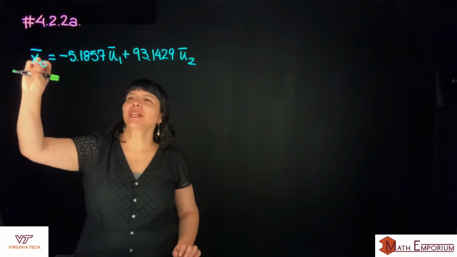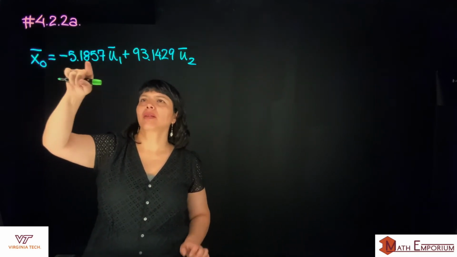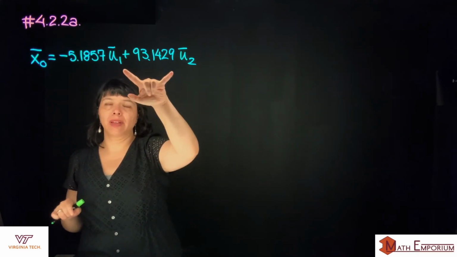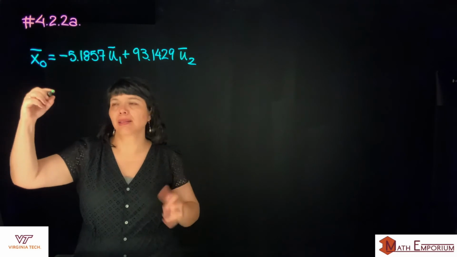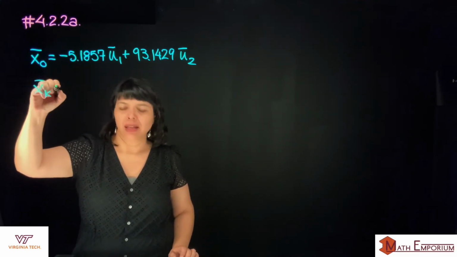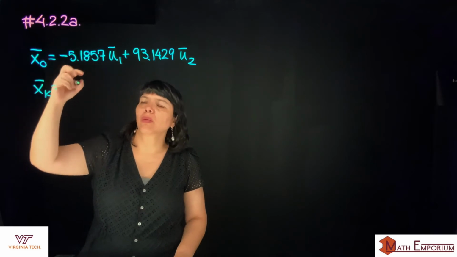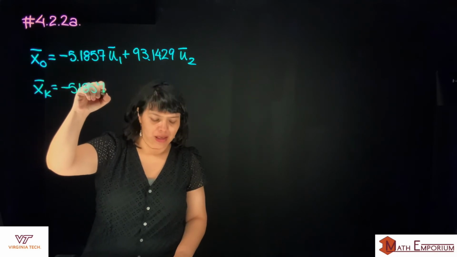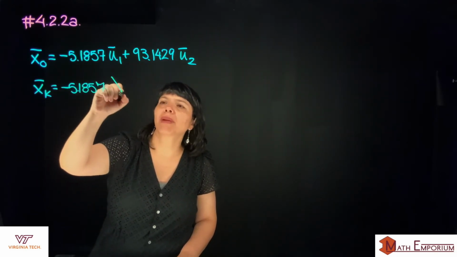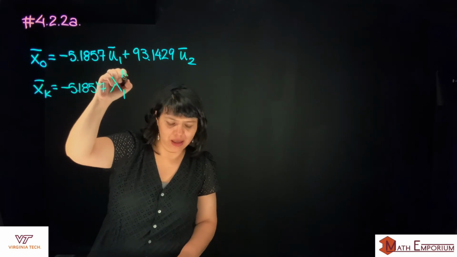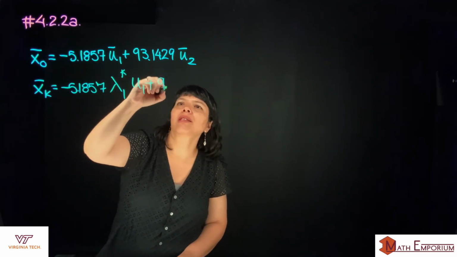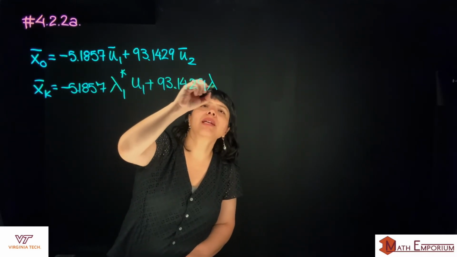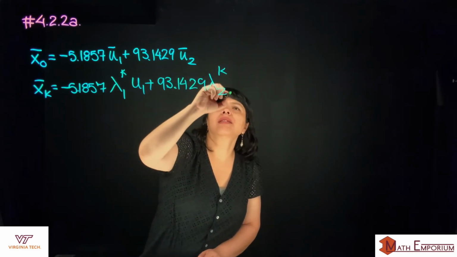Okay, so we have now the constants or scalars that we have multiplying our eigenvectors, and that means that, again according to our theory, xk is going to be this constant negative 5.1857 times my first eigenvalue lambda 1 to the k times u1 plus 93.1429 times the second eigenvalue to the k times u2.